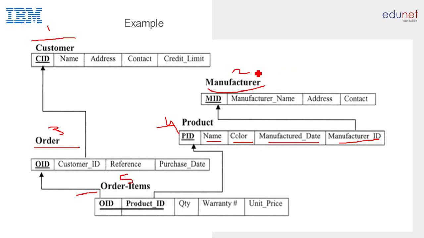First we have the manufacturer table: manufacturing ID, manufacturer name, address, and contact. Then they specify product ID, product name, color, manufacturing date, and manufacturing ID.